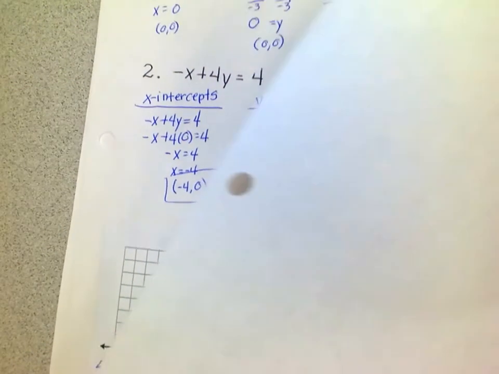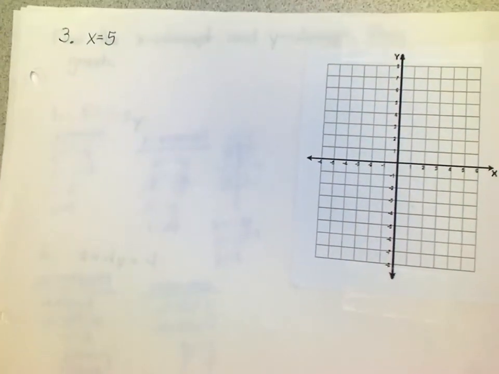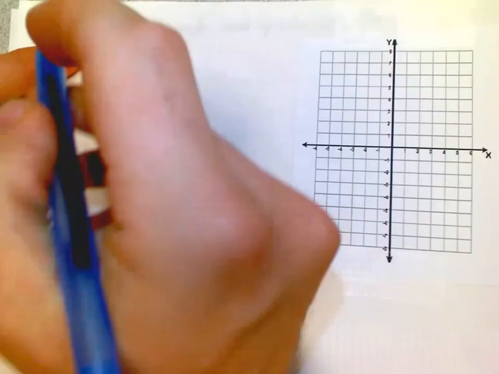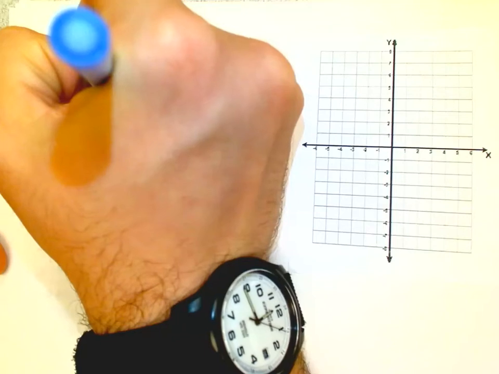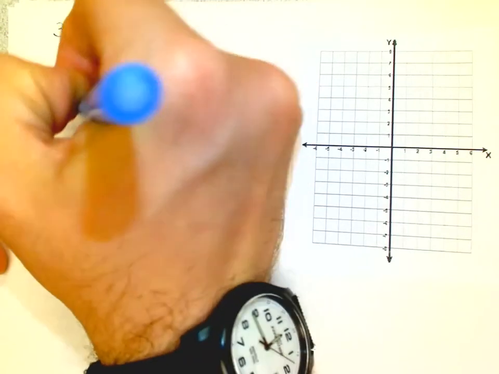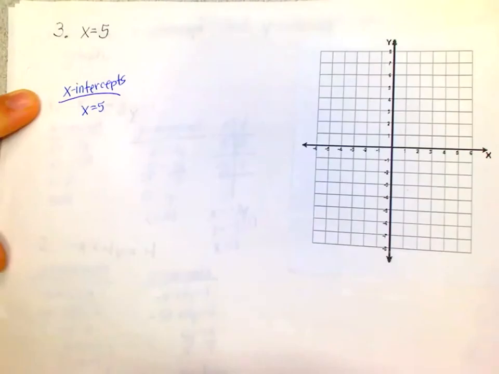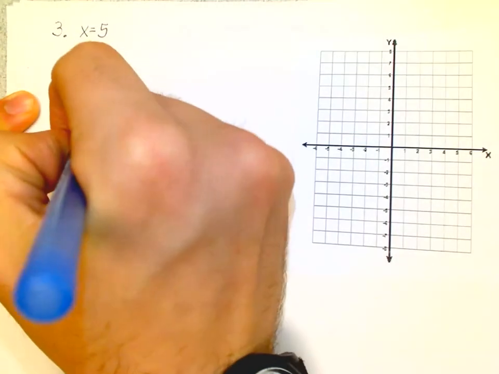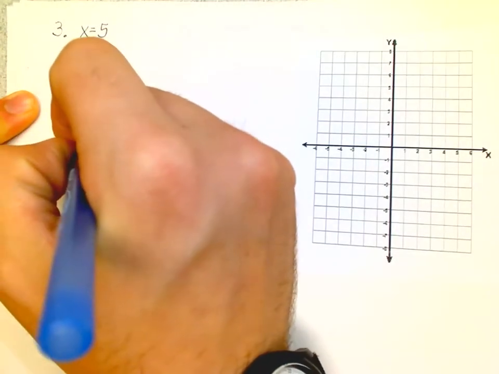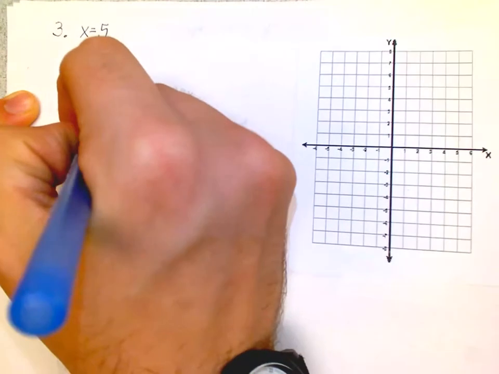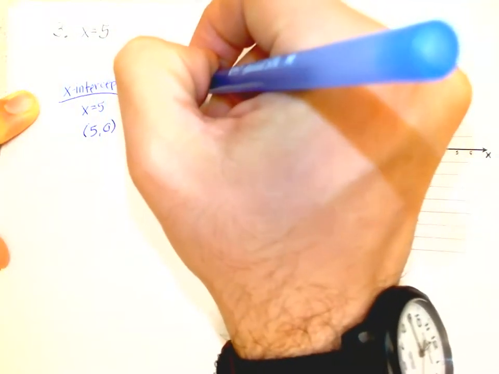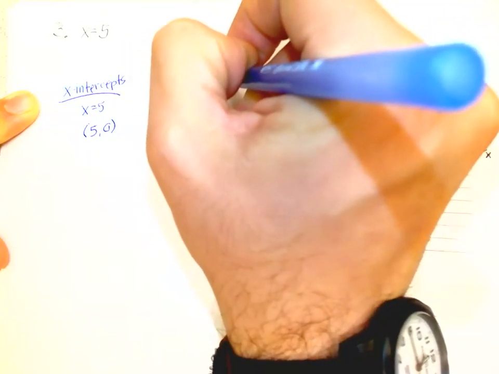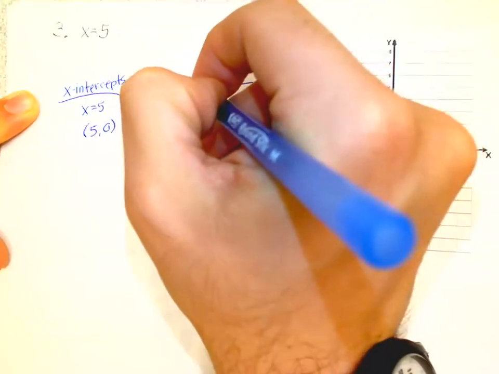And finally, let's look at number 3, x equals 5. So x-intercepts: x equals 5. That's all we know, so there's no reason to put a 0 in for y since y is not there, so we just know that makes the point 5, 0. Y-intercepts: x equals 5.